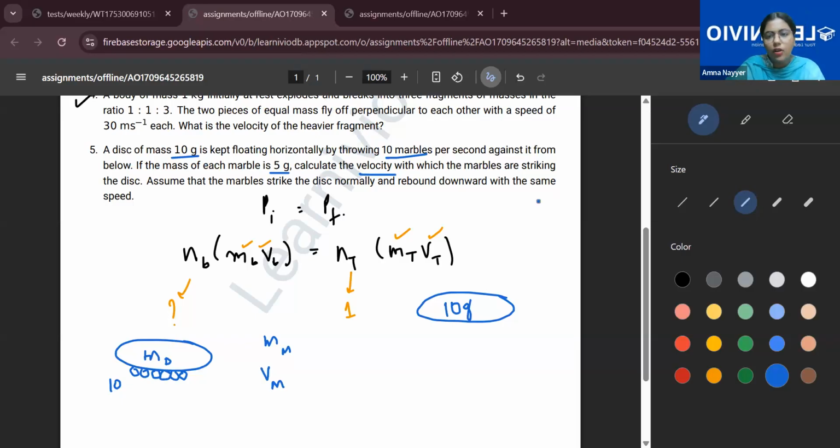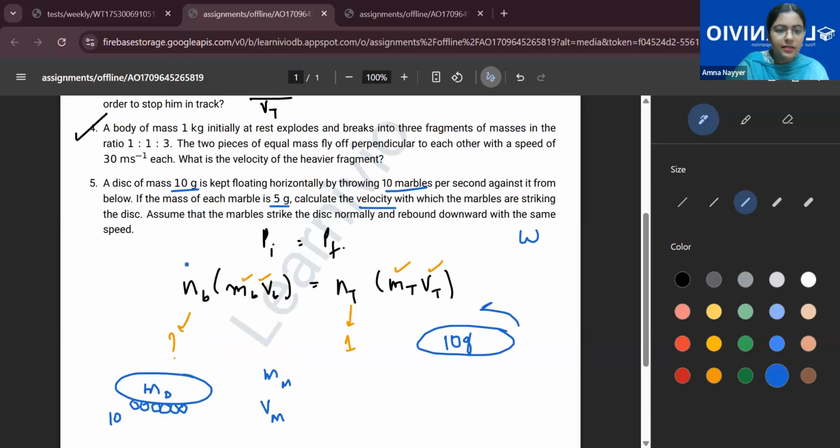See here, the angular velocity of the disc is missing because the disc will rotate, no? Just wait, let me check this question. I think they just by mistake didn't type the angular velocity. How will it be solved? The angular velocity will be there, and there's a relation v is equal to omega r. Using that, you have the velocity of the disk.